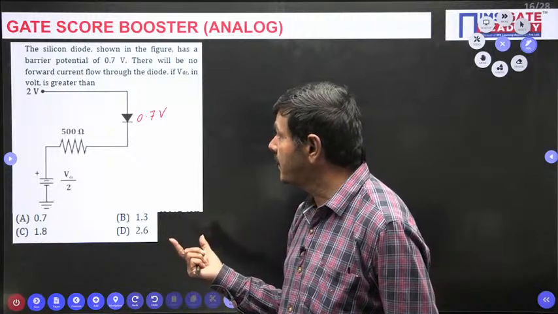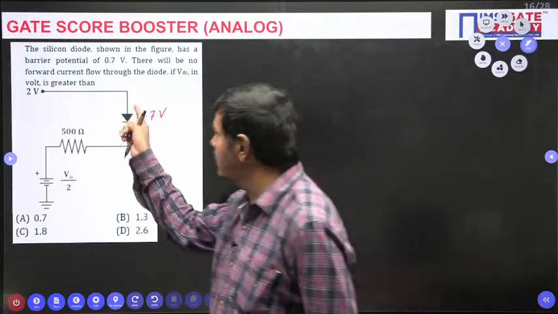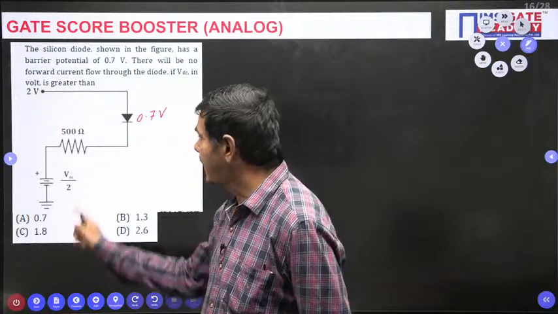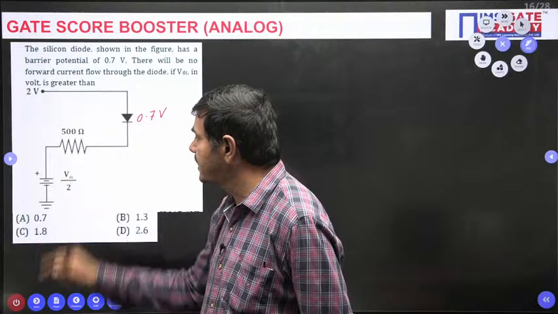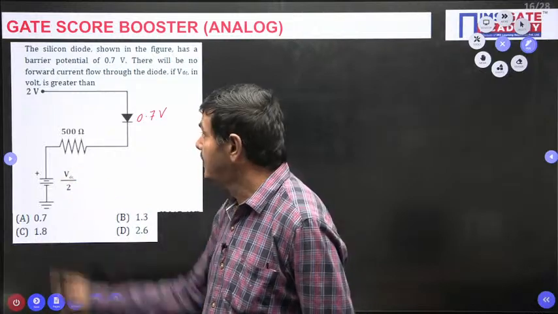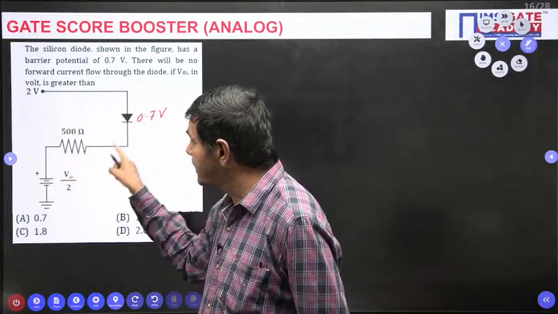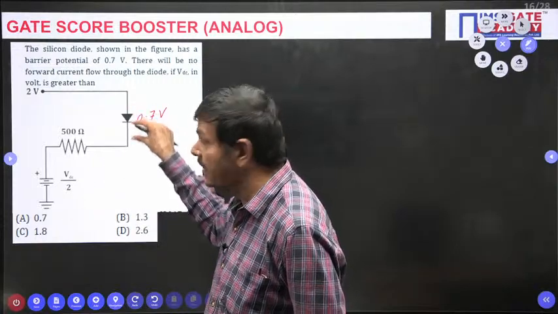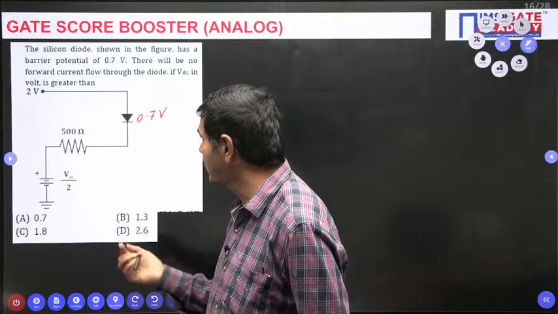If it is reverse bias, the anode voltage of this diode is to be taken as 2 volts only, and the cathode voltage is to be taken as VDC by 2. The difference of this voltage is less than 0.7. It is a non-ideal diode.